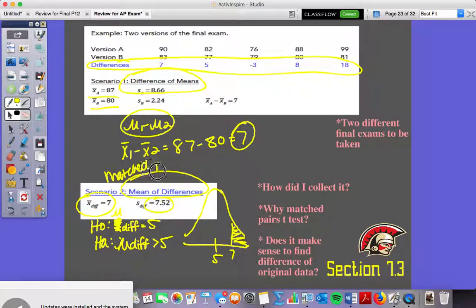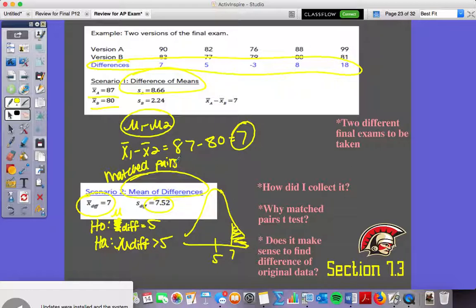Go ahead, Ryan. For matched pairs, you don't write extra information, do you? Like when you talk about the hypothesis, the null. Yeah, I would define what mu diff is. I would just say mu diff is the true difference between version A and version B of the final exam.